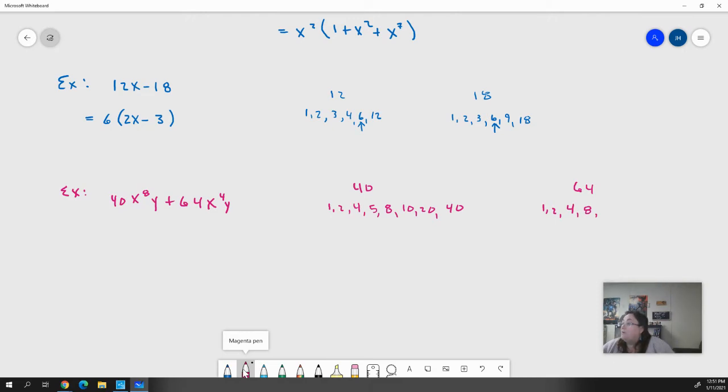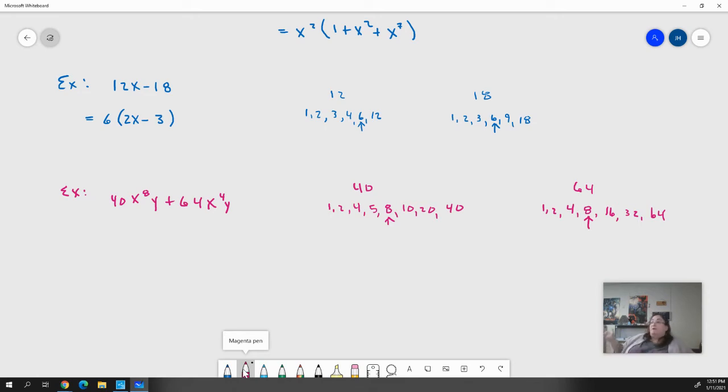I could finish these off. 4 times what equals 64? 16. 2 times 32 and 64 itself, right? But I already know right now that the greatest number that they have in common with each other is 8. And so that's what I can pull out.